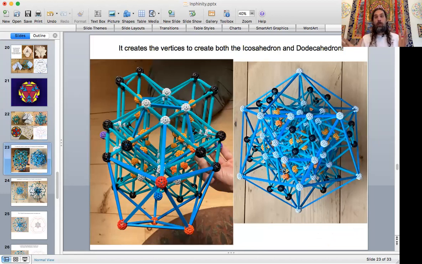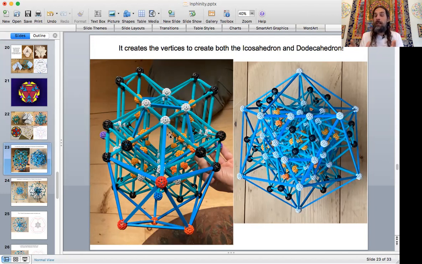But this is now the important part of why this structure played into this, because I discovered within that little golden cuboctahedron matrix, which, they're probably not cuboctahedrons, but whatever we want to call this form that looks like a cuboctahedron with the golden rectangle faces, they created the vertices to create the dodecahedron and the icosahedron.